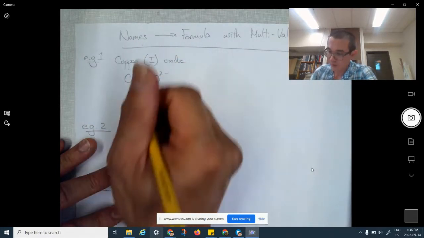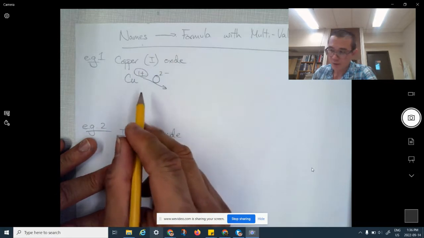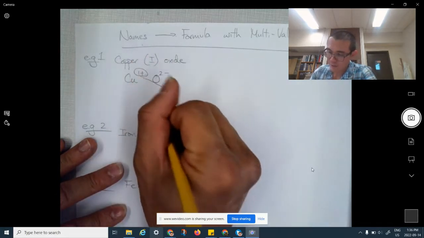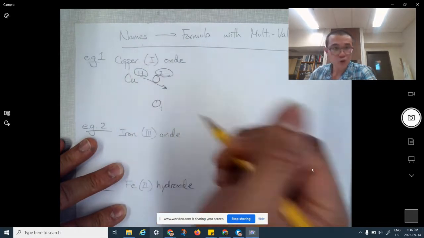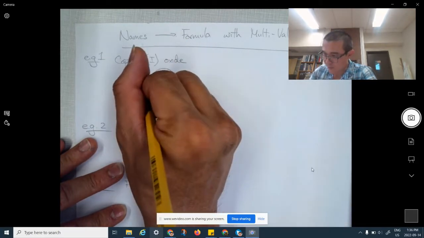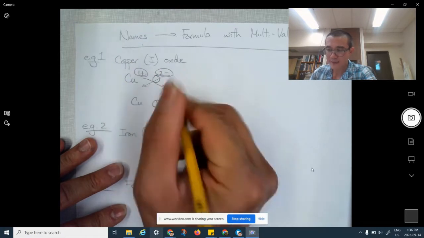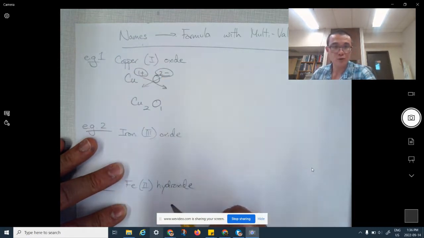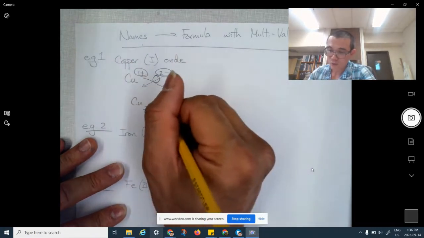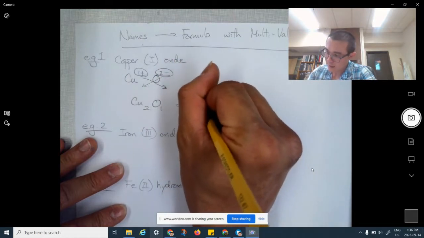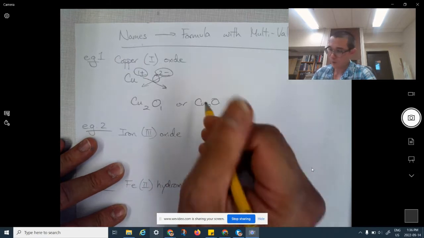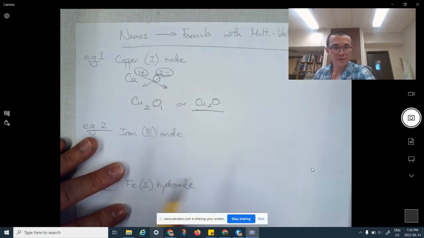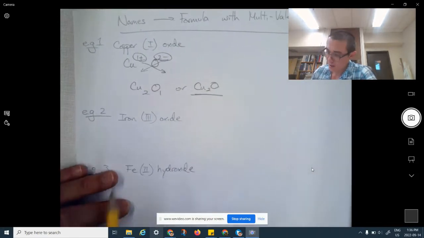The 1 plus you give to the oxygen, and you throw away the sign, so it will be O1. The 2 minus from the oxygen you give to the copper, you throw away the sign, so you get Cu2. So Cu2O. Again, ones should be invisible.